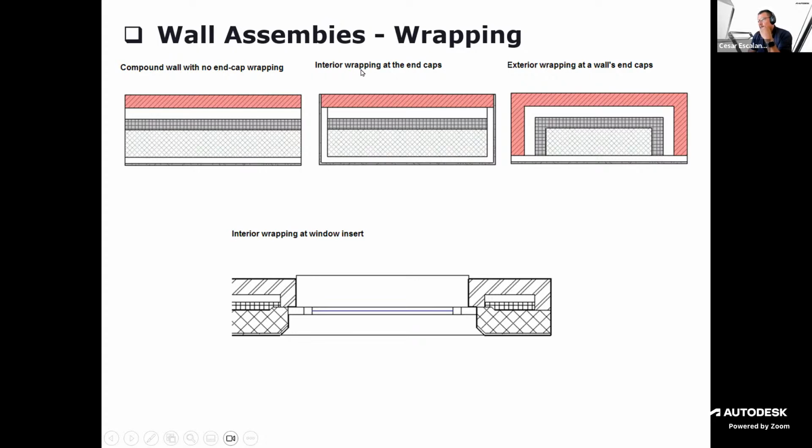If an interior, this is an example of the interior wrapping at the end caps. So that means that the interior layer wraps at the end. And this is the opposite. The exterior wall, the exterior layer is wrapping towards the interior. And so that's what that checkbox means.